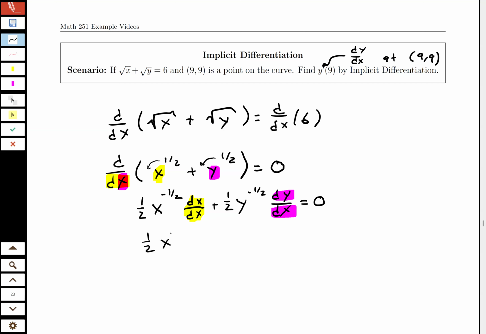So I have 1/2 x to the negative 1/2 power plus 1/2 y to the negative 1/2 dy/dx is equal to 0. The function that I want, dy/dx, is sitting right there. So let's solve for this thing.